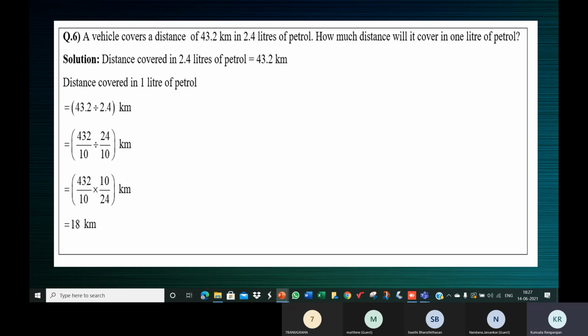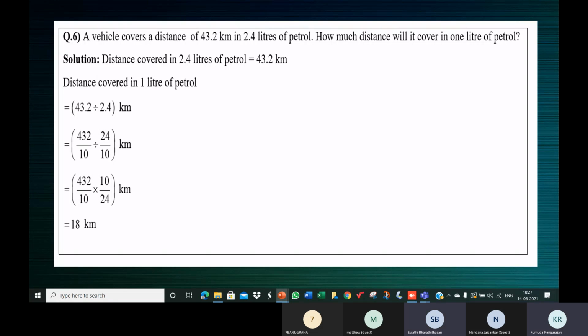A vehicle covers a distance of 50 kilometers in 5 liters of petrol. So for 50 kilometers, you need 5 liters of petrol. Then in 1 liter, what distance can you go? We should divide, ma'am. Yes, we should divide.